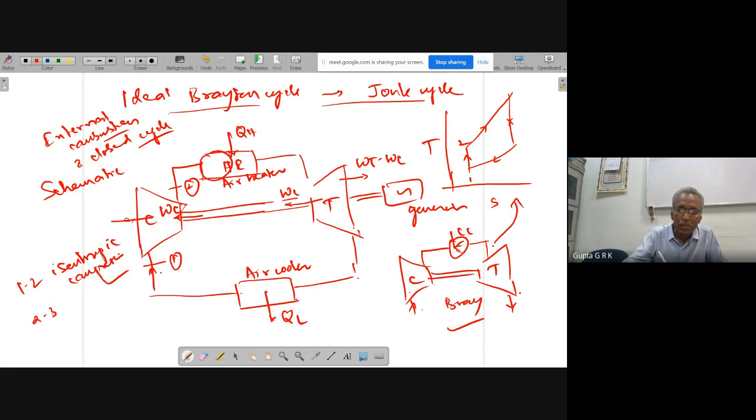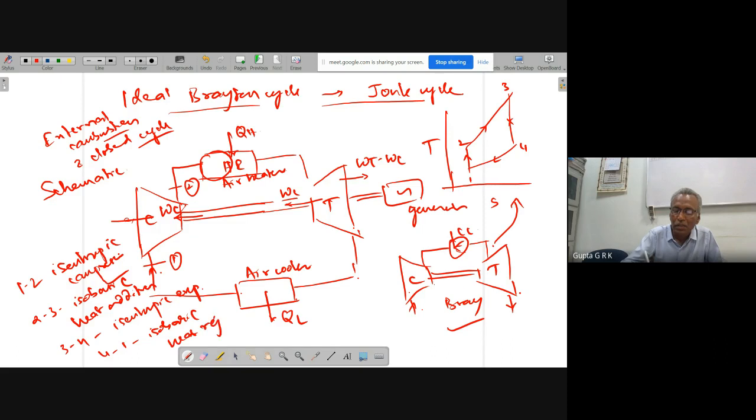And 2 to 3, isobaric heat addition. And 3 to 4, isentropic expansion. And 4 to 1, isobaric heat rejection, like this.